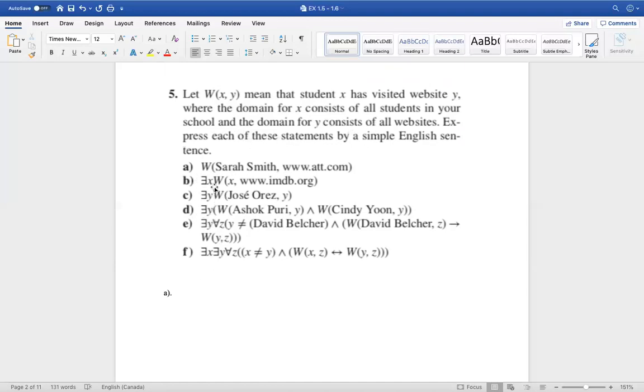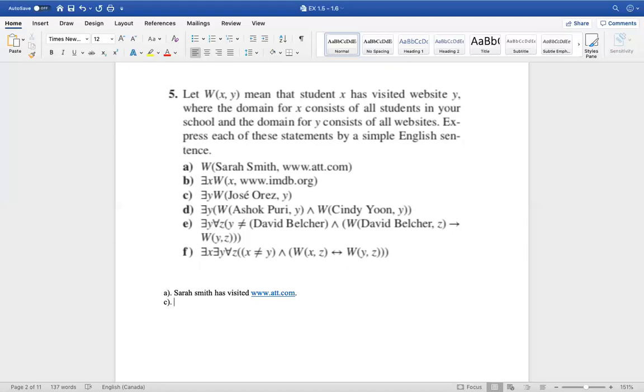Now, if we have to interpret this first statement in English, it will be that Sarah Smith has visited www.att.com.